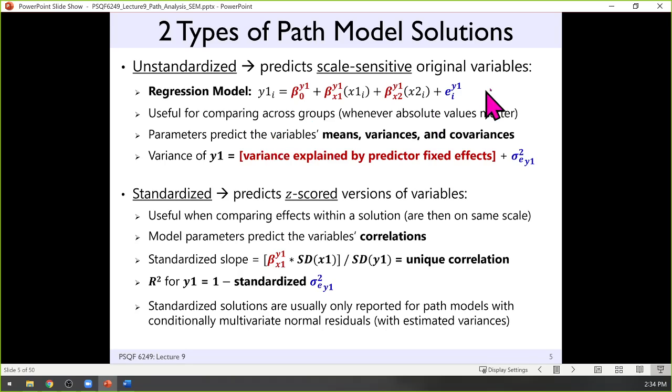So just like we had in SEM, you will have an unstandardized solution and a standardized solution. The unstandardized solution recreates the original means, variances, and covariances. It's in a regression type of language, so a change in y for a 1 unit change in x. Standardized solution is if you had z-scored every variable in the model, changed its scaling so that 0 was the mean and standard deviation is 1.